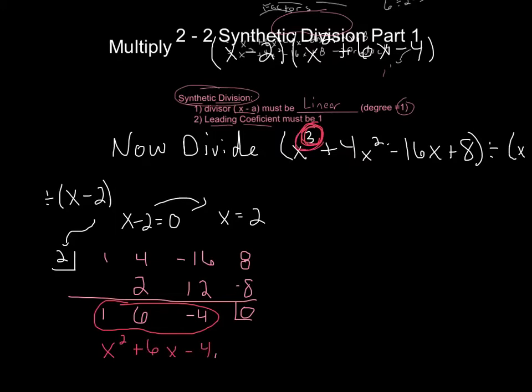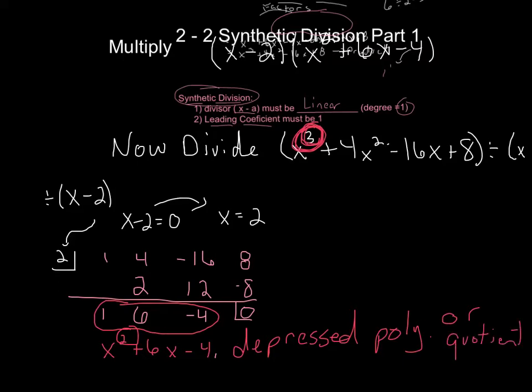So it was x cubed up here, now it's x squared. It's depressed. It lost a degree. This is called a depressed polynomial. Or, since it was the answer to a division problem, we could also call it a quotient.